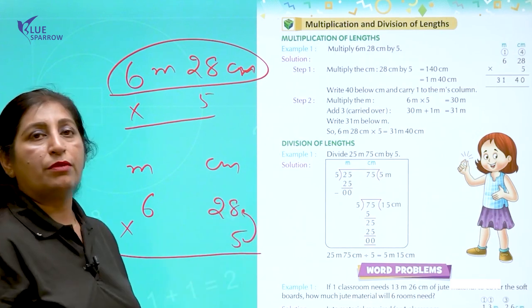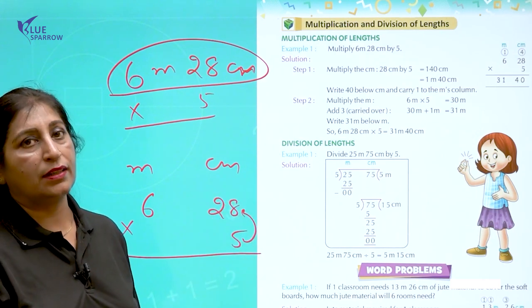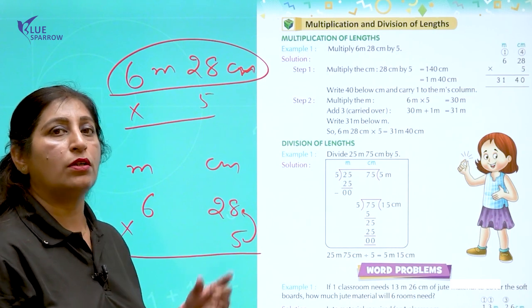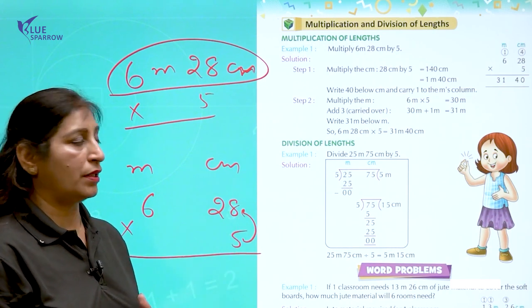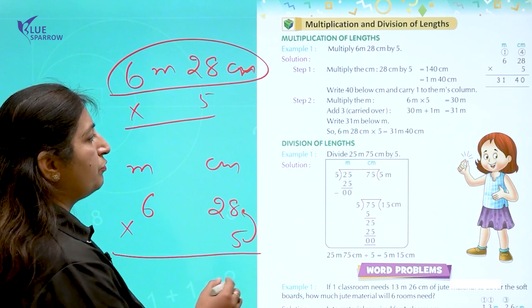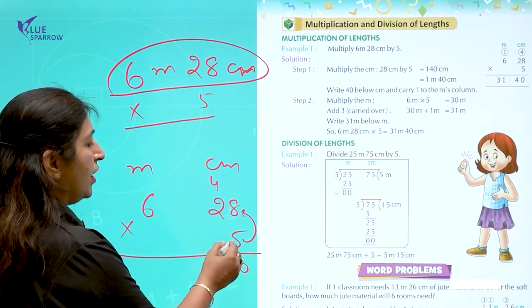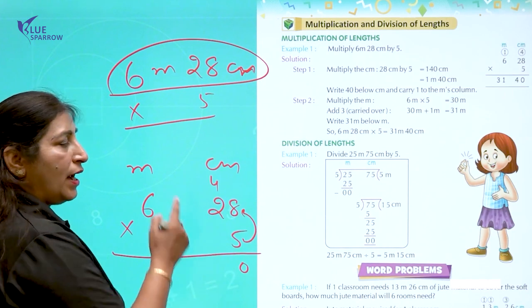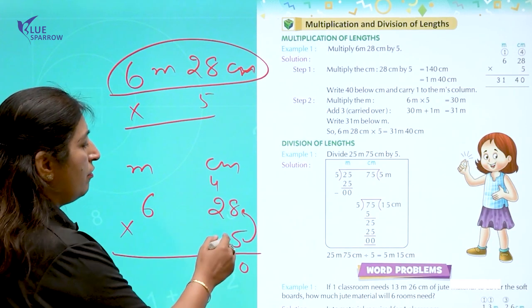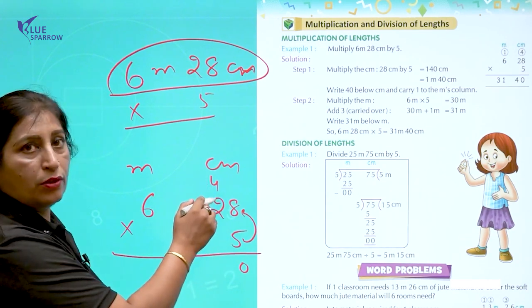We would multiply with a similar method as we perform the multiplication of a 2-digit number with a 1-digit number. So 5 eights are 40. 4 is carried over here. And now we would multiply 5 by 2 and 4 is added to it. 5 twos are 10 and 4 gives 14.